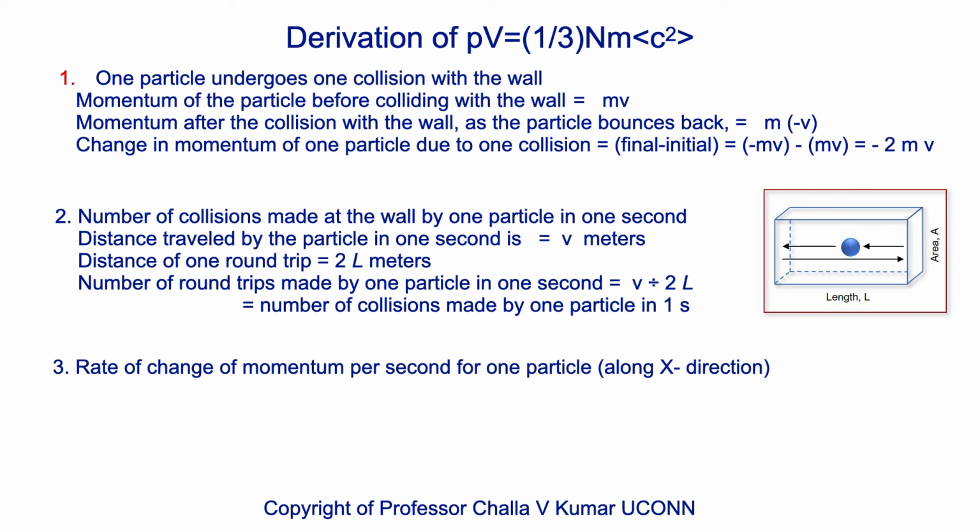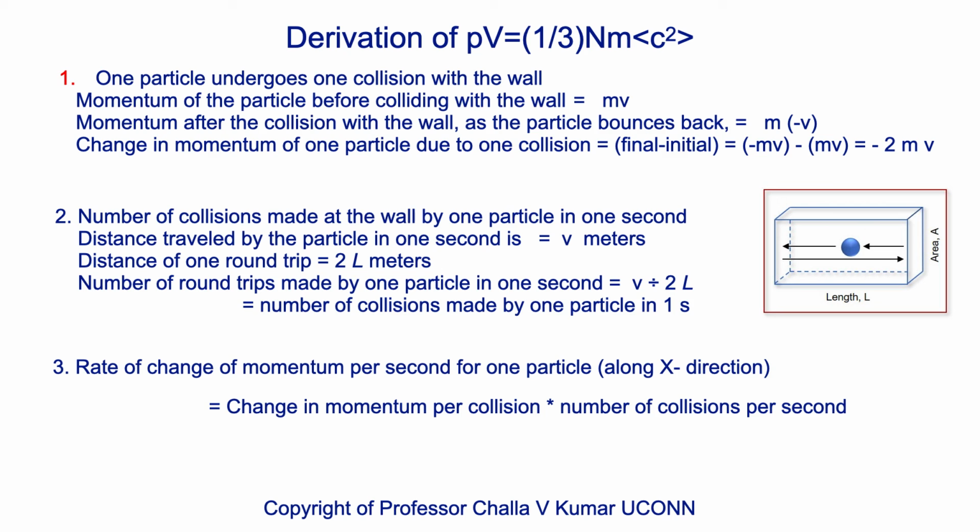That is simply multiplying two quantities: the change in momentum for one collision multiplied by the number of collisions made in 1 second with the wall on the right-hand side. So that's minus 2mv, the change in momentum for one collision, multiplied by v over 2L, the number of collisions one particle is making on the wall. So the rate of change of momentum of one particle is equal to minus mv squared over L.